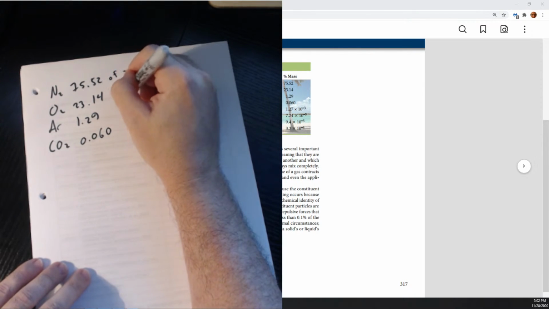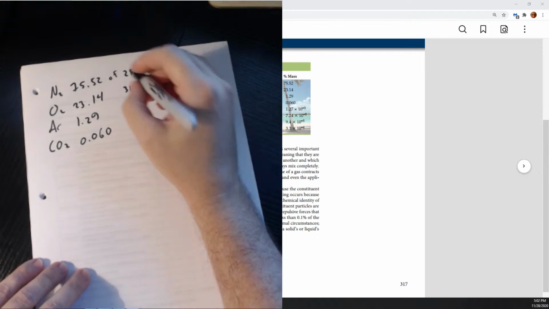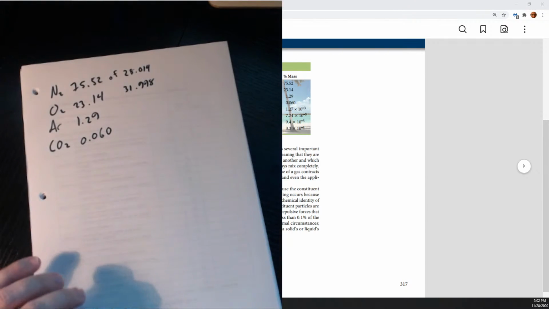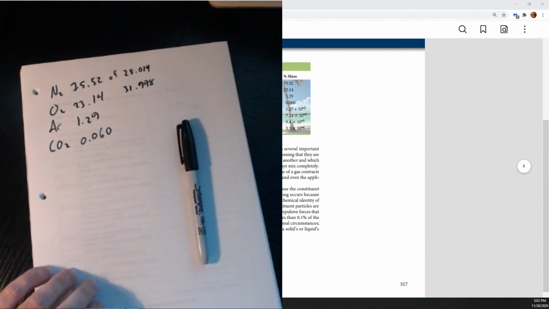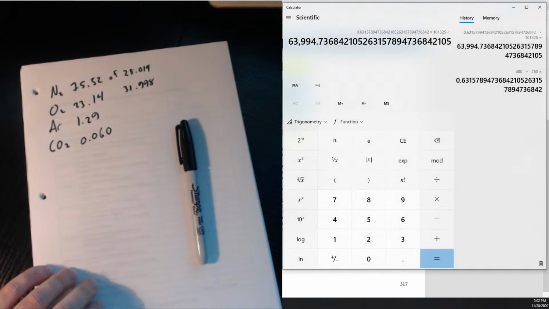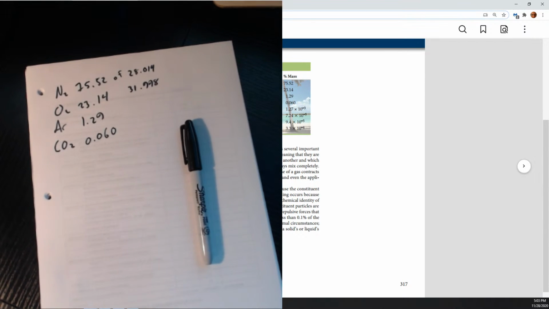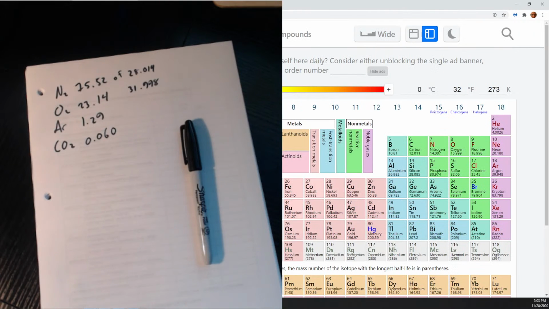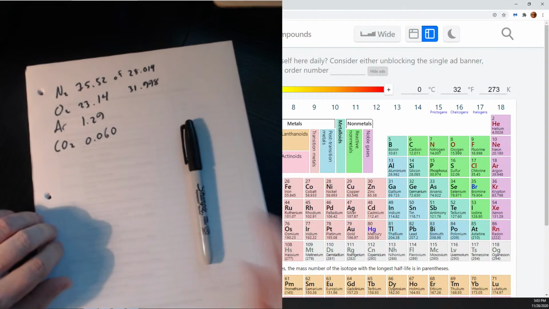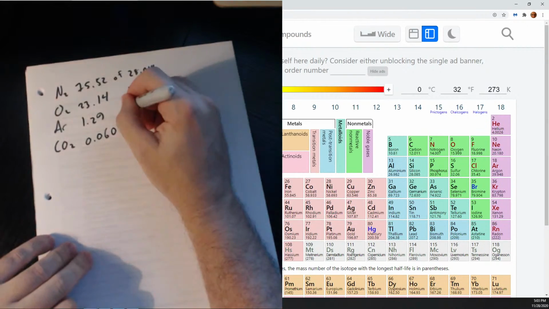28.014, 31.998. I do not know the molar mass of argon. Argon, 39.948.